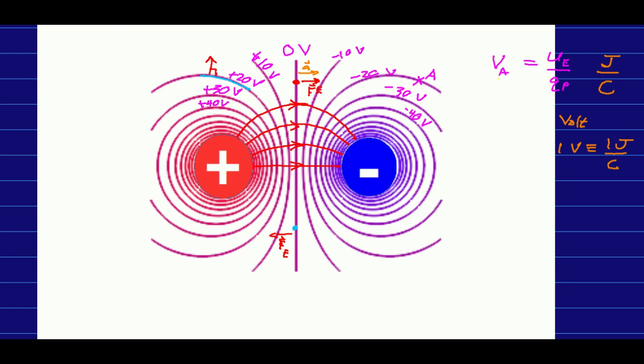I will tend almost always, when I'm writing a symbol for a potential, to put a subscript on it that's indicating something like where the potential is measured, so that it's easier to tell my V's standing for the quantity potential from my V's standing for the units of potential.